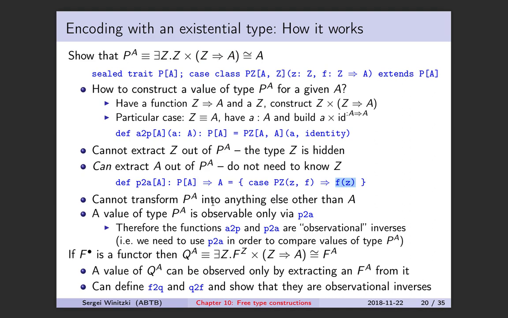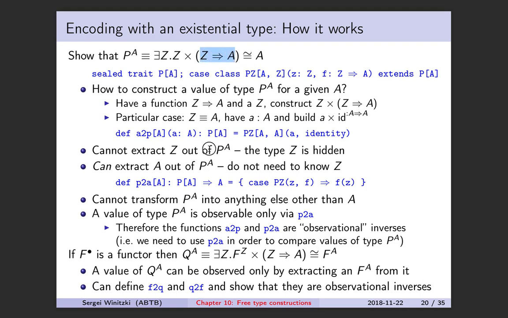Now, actually we cannot transform PA into anything else other than into a value of type A, because this data only allows us to get a Z or to get this function or to apply this function to this. Now, we cannot get a Z out because we don't know the type of Z. We cannot get this out because we don't know the type of this function.